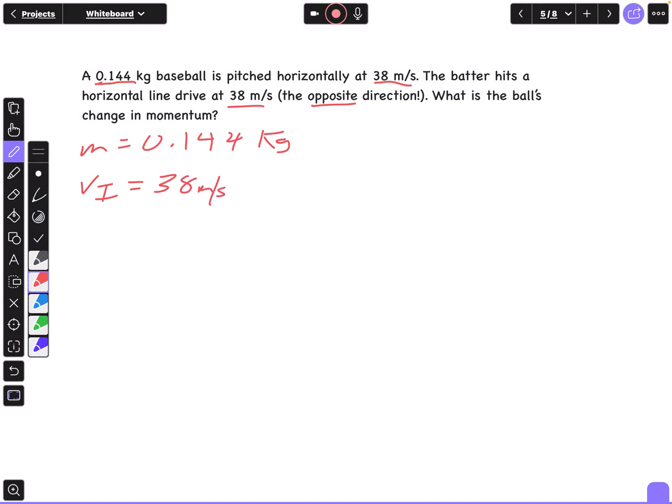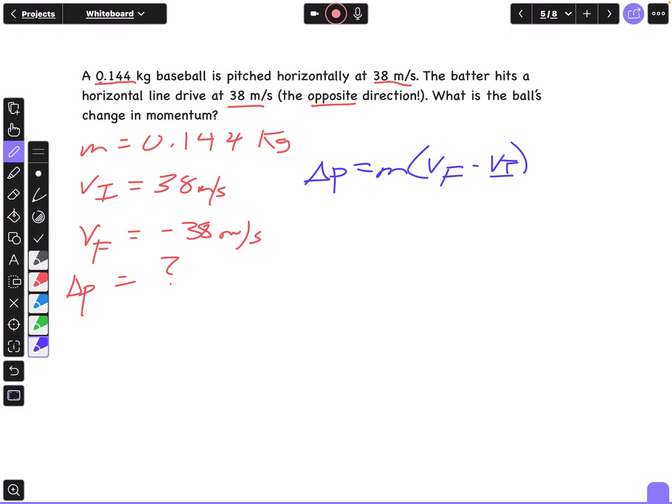Then he hits it back in the opposite direction. The final velocity is going to be negative 38 meters per second because he hits it back in the opposite direction. What's the ball's change in momentum? My equation for the change in momentum is delta P equals M times (VF minus VI).